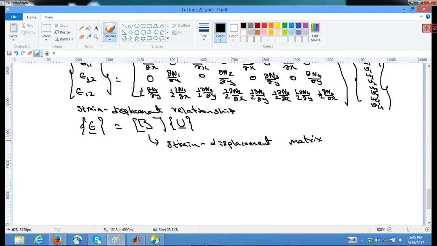So it is clear that if you know the degrees of freedom for the nodes of an element, u1 v1 u2 v2 u3 v3 u4 v4, which is nothing but your d1 d2 d3 d4 d5 d6 d7 d8, the strain anywhere inside is obtained by multiplying with the strain displacement matrix.